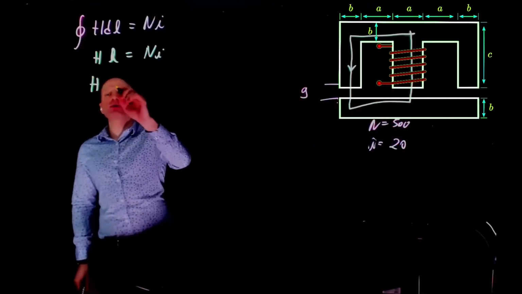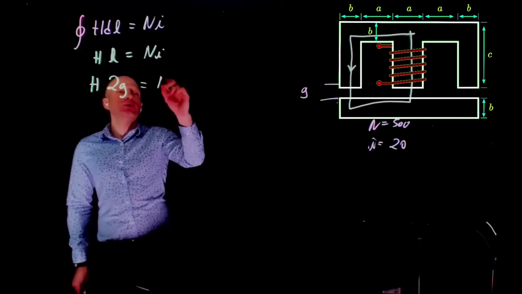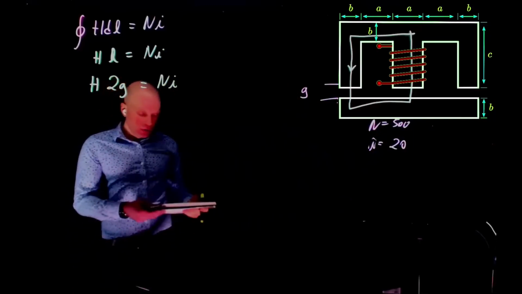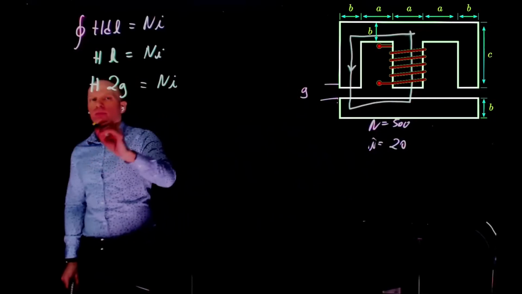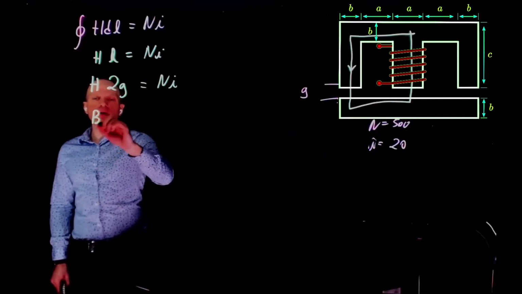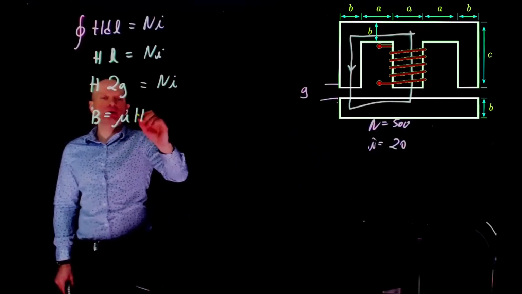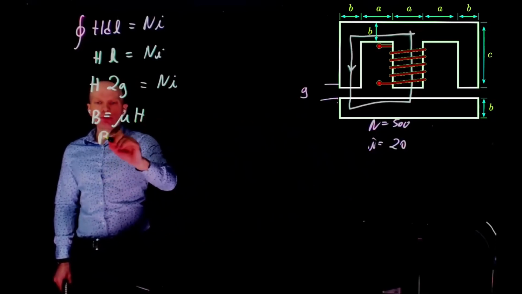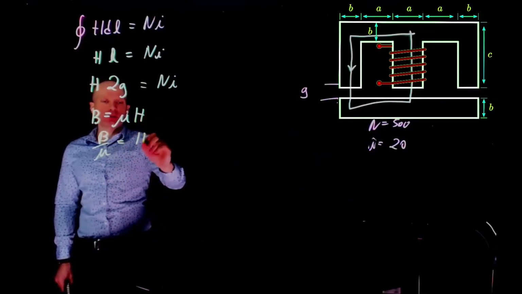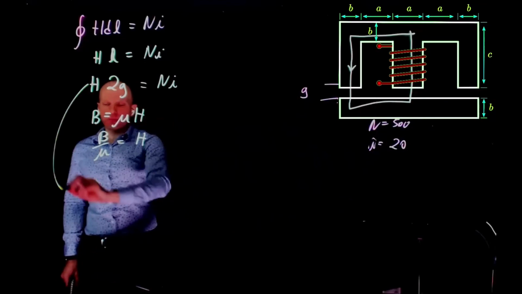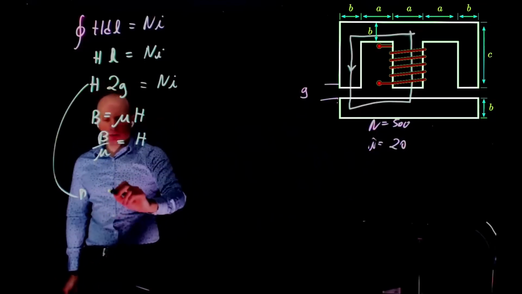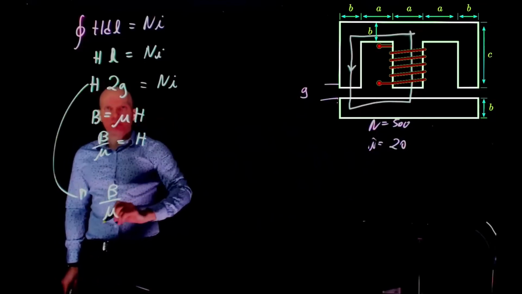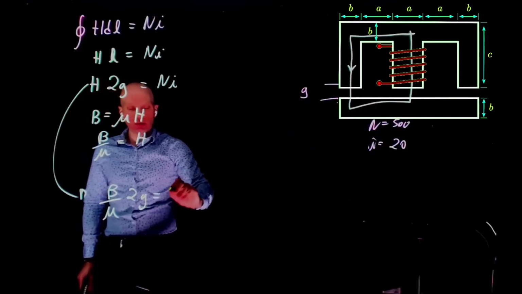So now we have H times 2G equals Ni. And what is H? We have B equals mu times H, so B over mu equals H. So you can now rewrite this expression as B over mu times 2G equals Ni.